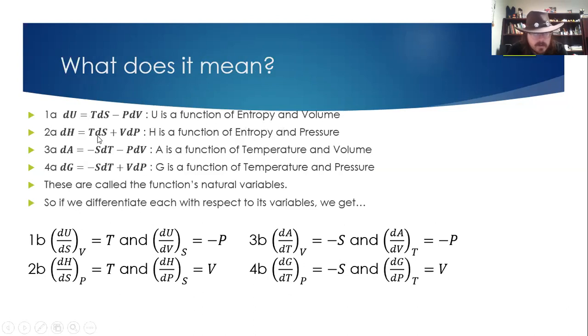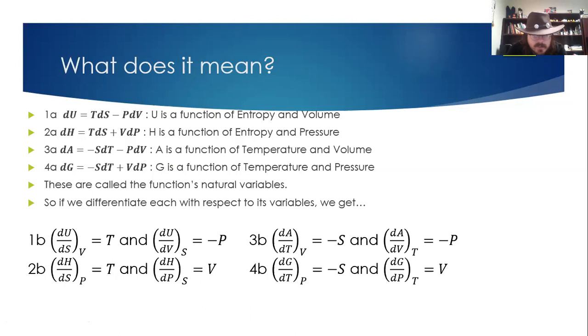Our enthalpy is a function of entropy and pressure. Our Helmholtz is a function of temperature and volume, and our Gibbs is a function of temperature and pressure. These are called a function's natural variables, meaning this is how we look at these.